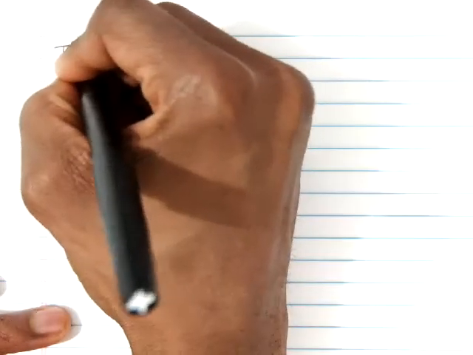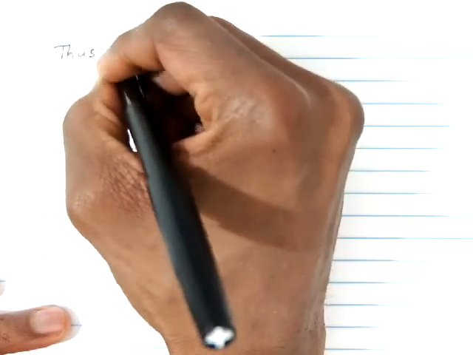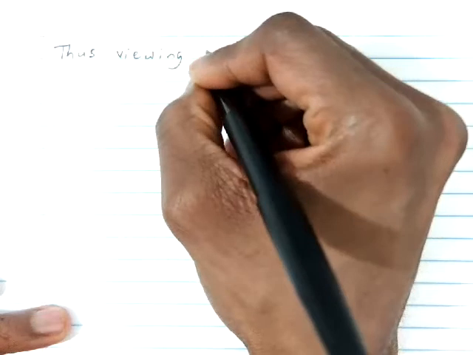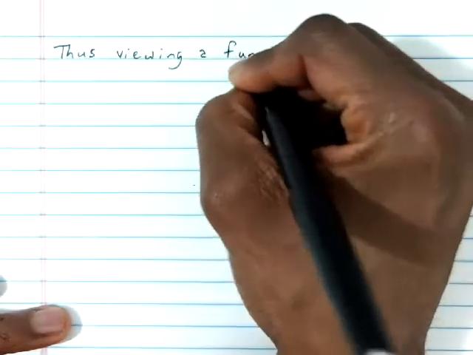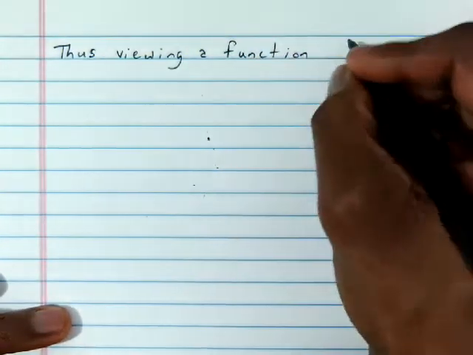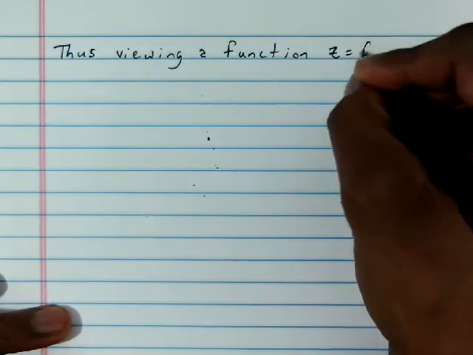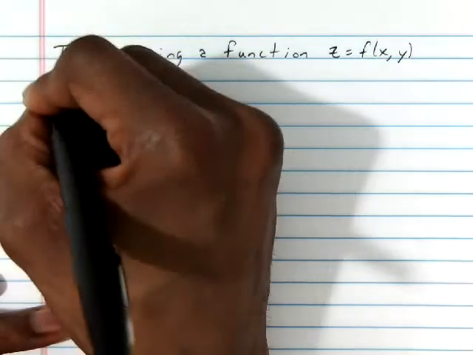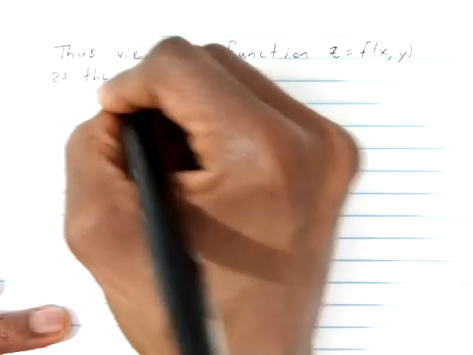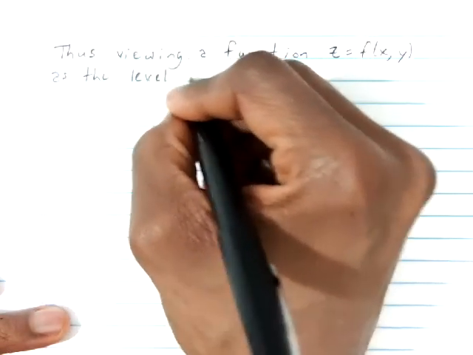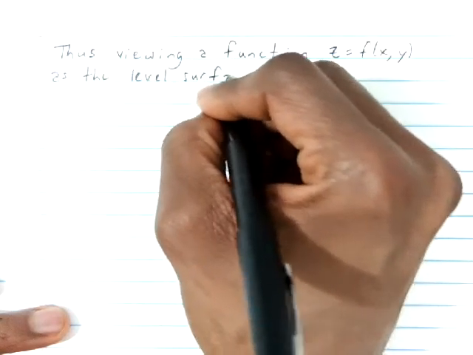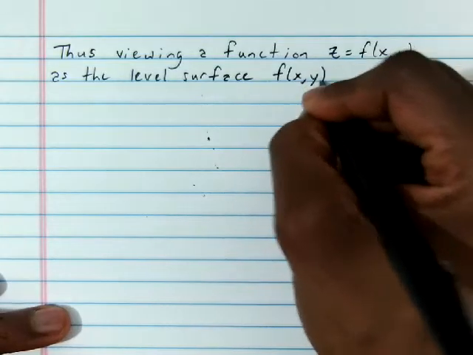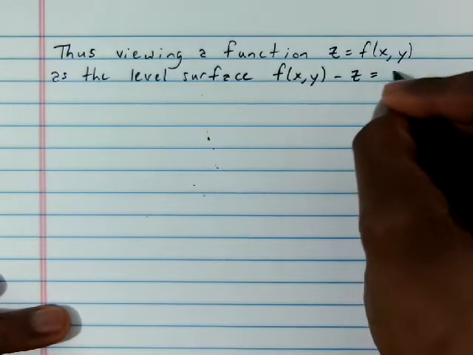So now keeping that in mind, so thus viewing the function z equals f of x, y as the level surface f of x, y minus z equals 0.